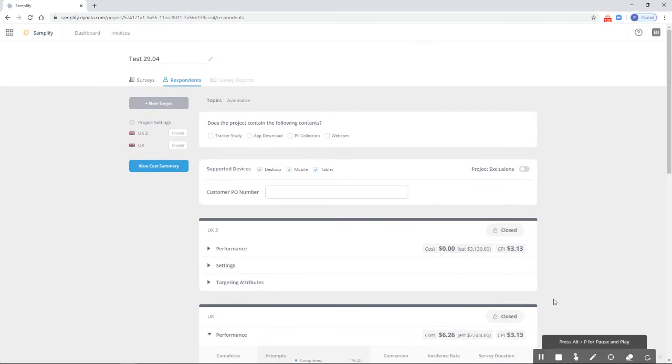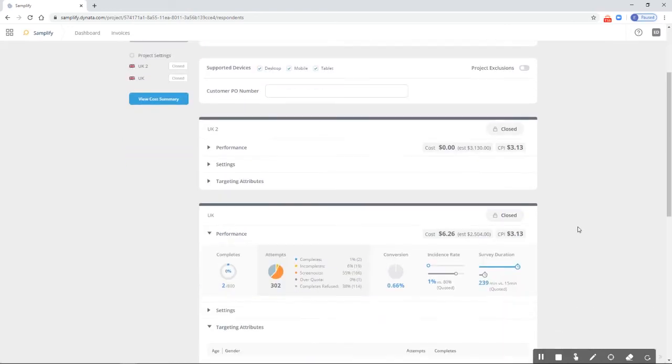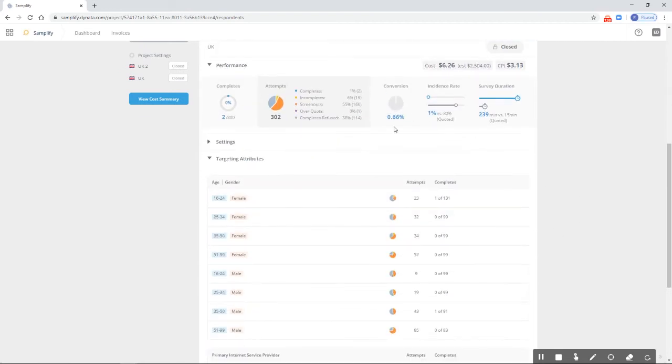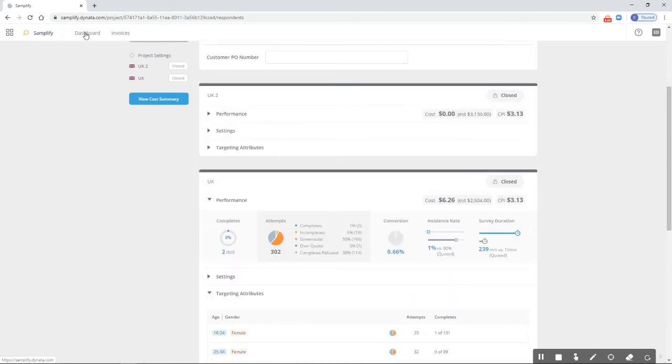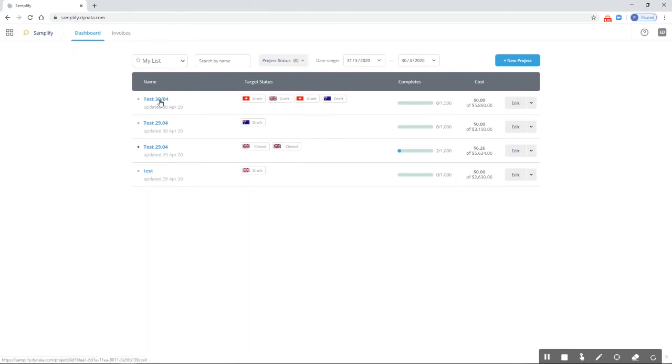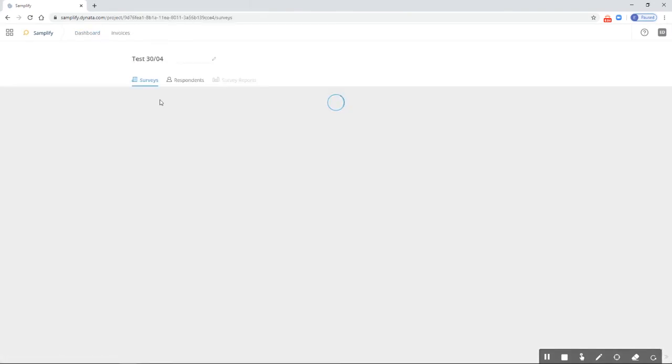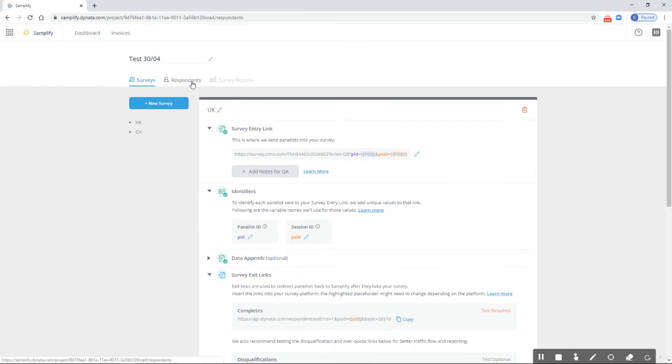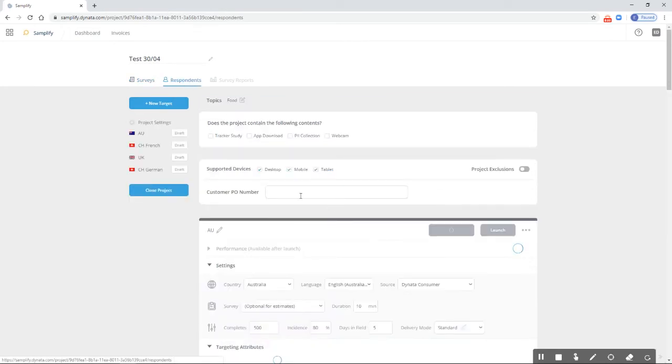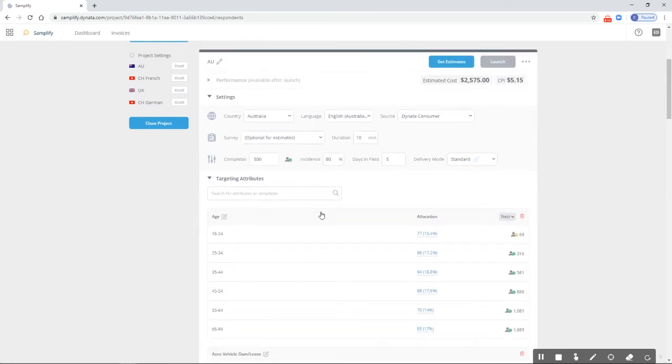To showcase another traffic issue which can be caused by simply having a very niche target like this, we're going back to our dashboard, going into our test project which we created earlier, going into the respondent section, and having a look at our targeting attributes.